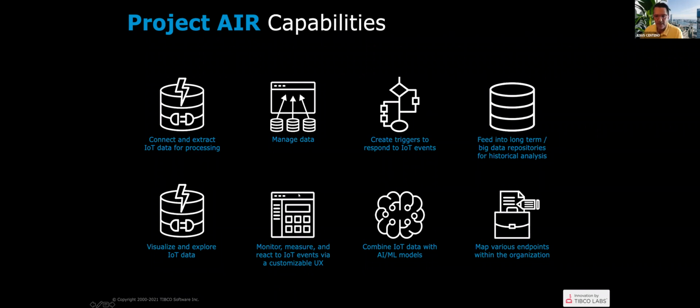And then the console allows you to monitor, an easy, centralized way to look at your IoT ecosystem in one screen and understand the status of all the different pipelines that are defined. And then the ML ops aspect of the solution that we've talked about already.